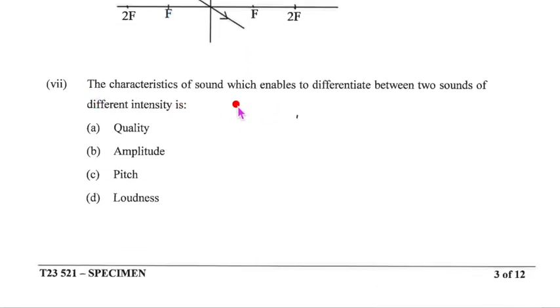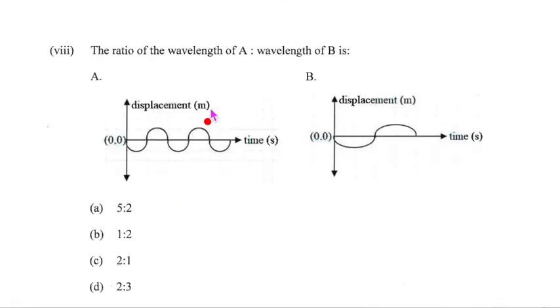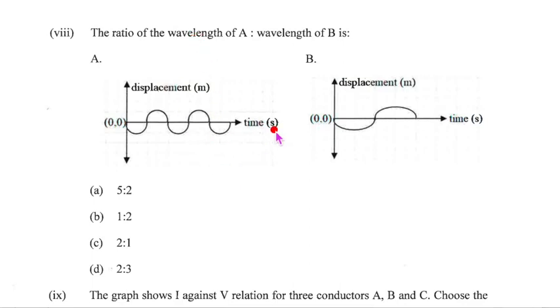Seventh one, the characteristic of sound which enables us to differentiate between two sounds of different intensity. Now remember, intensity is directly proportional to loudness. Loudness depends upon intensity, so it's not quality, not amplitude, not pitch, but it is loudness. The ratio of wavelength of A to B. Now they are telling you this is time and this is time.